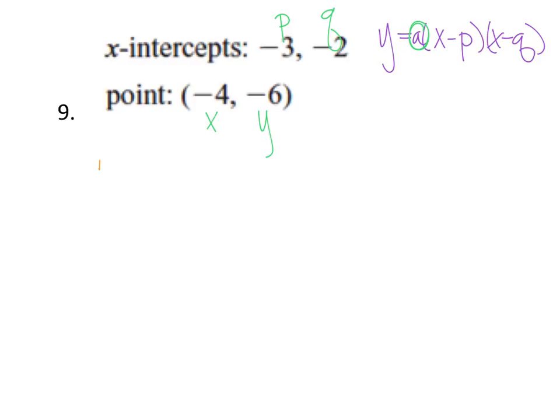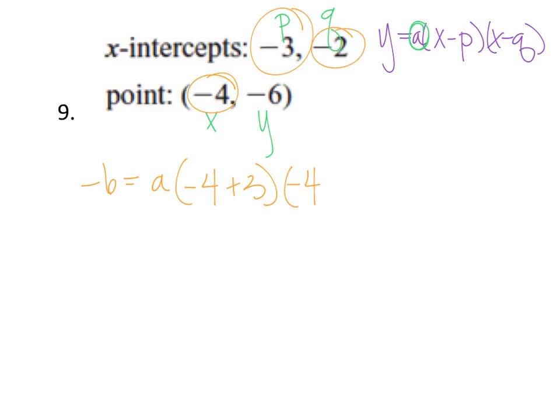Well, I know y. y is -6, and that equals, I don't know a, I know x, it's -4. I know p, which is the opposite, so it's +3. I know it's going to be -4 again, and I know q, which is the opposite, so it's +2. All right, let's simplify. Again, -6 equals a, -4 plus 3 is -1, -4 plus 2 is -2. So I end up getting -6 equals 2a.